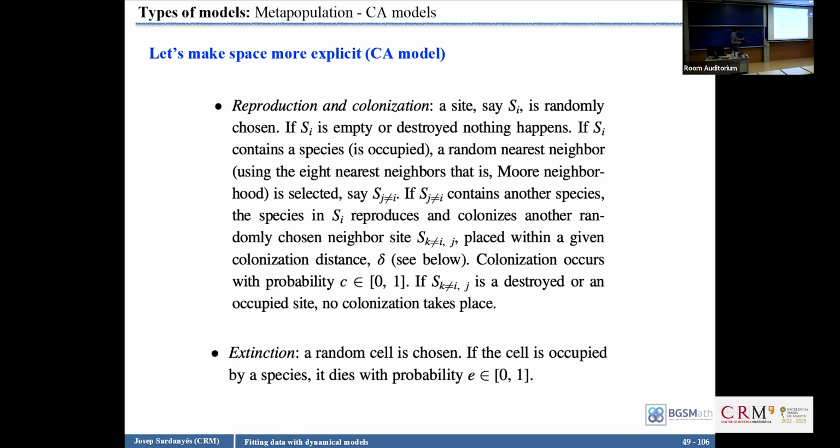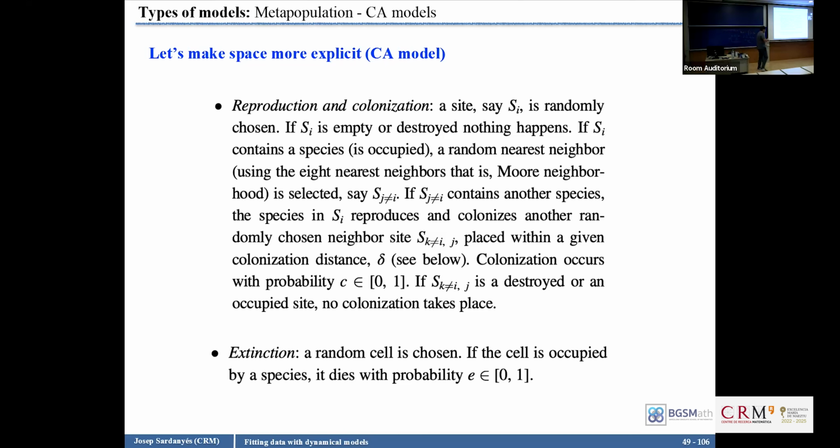So I choose a site, I choose a random neighbor, and if it is empty, then this guy will make another individual. And this is exactly this kinetics here. Then what we consider is that if the new individual that is produced, that is put in another random site, goes to a place where there is an individual, nothing will happen.